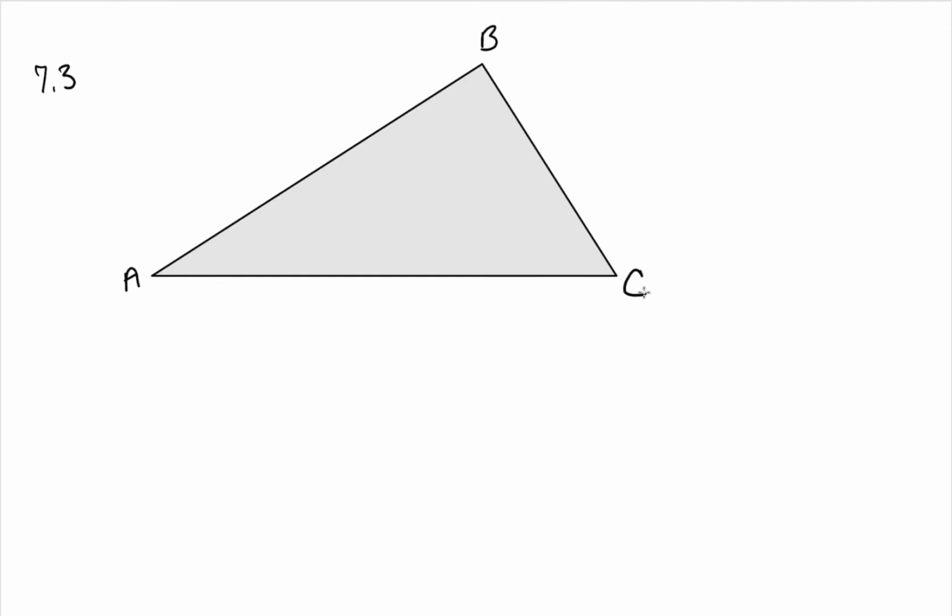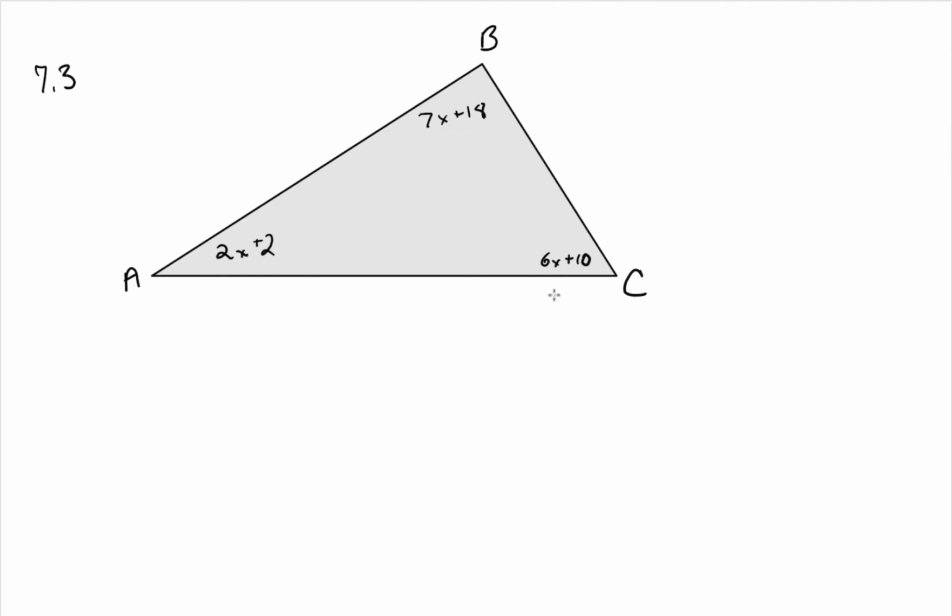And we have some formulas to represent our measurements here. So this one is 2x plus 2. This one is 7x plus 18. And this one is 6x plus 10.